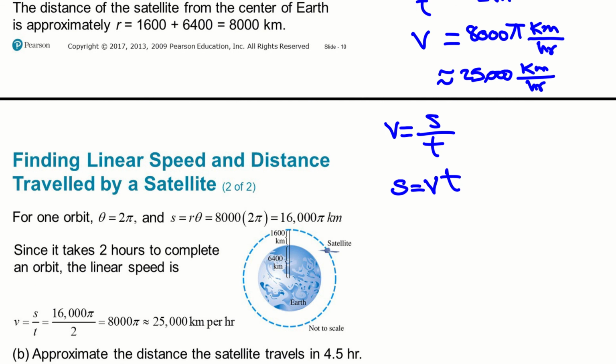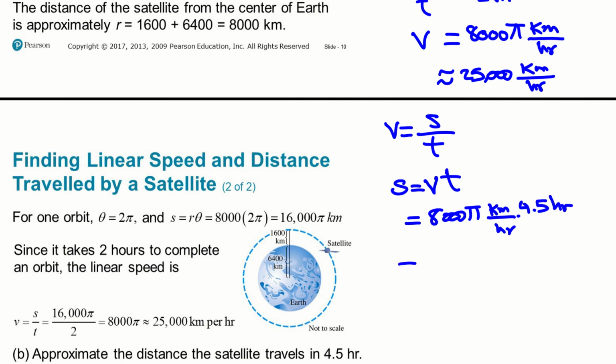And now we know the v, so that's going to be 8,000 pi. And we're going to multiply that by, let's put the units in to make sure it makes sense. That's in kilometers per hour, and we're going to multiply it by 4.5 hours.